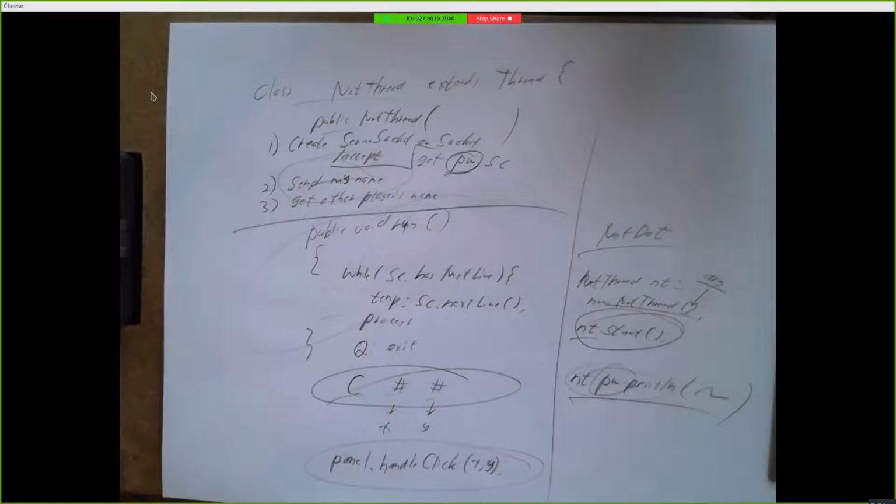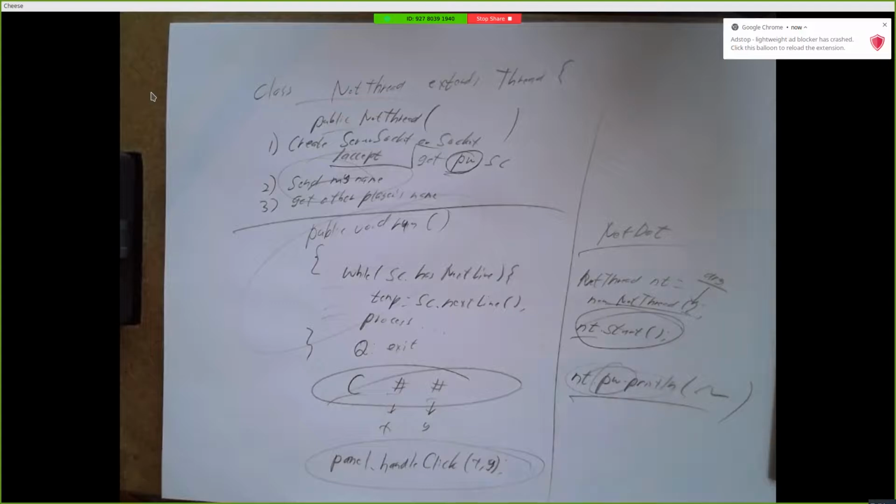You send your coordinates with, say, the letter C followed by the coordinates. How do you do that? Well, make a string and hand it to println, right?